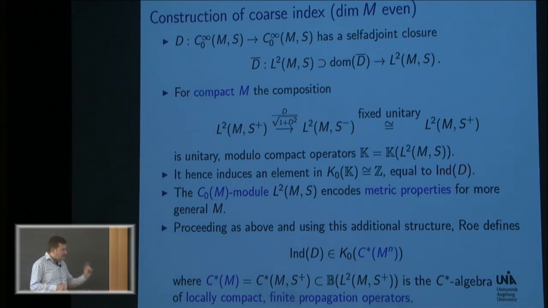And the next important piece of information is that they are of finite propagation speed. This is also important to know: if you apply the Dirac operator, because this is connected to the propagation speed of the wave operator, you have finite propagation speed of the Dirac operator, which interacts very well with metric properties of your manifold.